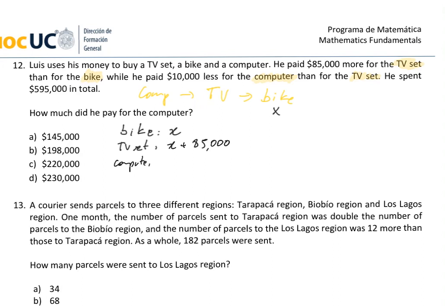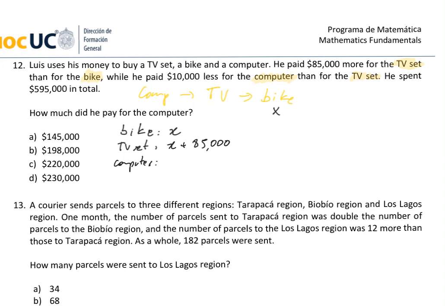He paid 10,000 pesos less for the computer than for the telly. So he paid this for the telly, and then he paid 10,000 pesos less. Now we can solve that very easily, because 85,000 minus 10,000 happens to be 75.